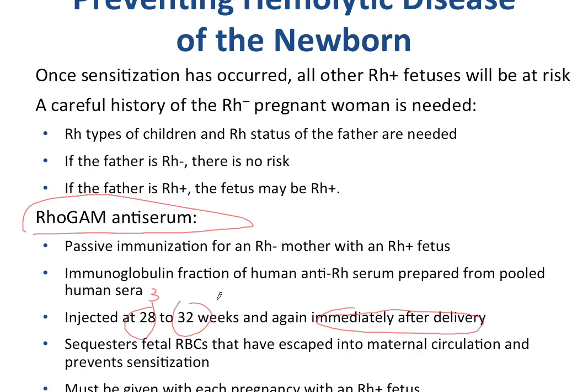Once we give the mama these 2 doses, RhoGAM can neutralize the anti-Rh antibodies in the mama's circulation. After birth, the third dose will prevent the anti-Rh antibody generation.